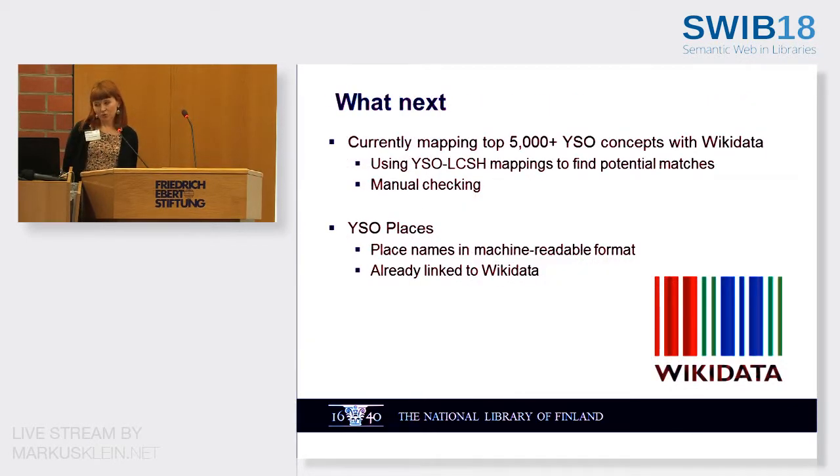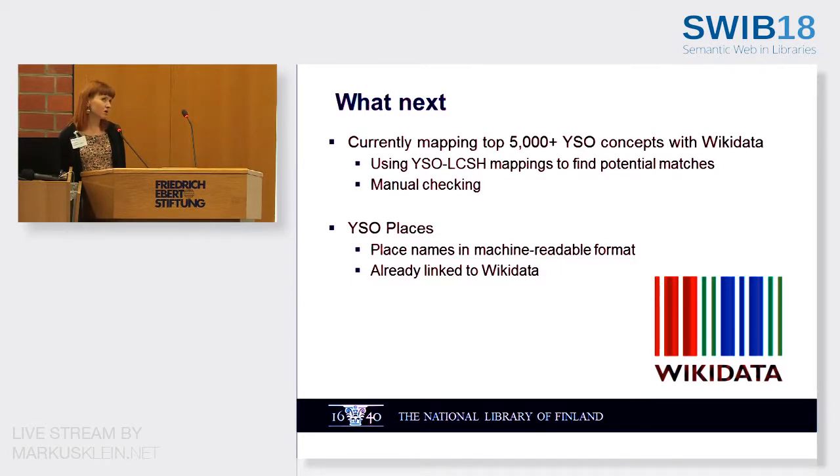And then just a quick word about our future plans. Wikidata has been mentioned a lot during the past few days. We as well are currently mapping the top 5,000 or 6,000 YSO concepts to Wikidata. And as LCSH and Wikidata have already been mapped together, we can use our LCSH mappings to get potential matches automatically and then just do the checking manually and save a lot of time there.